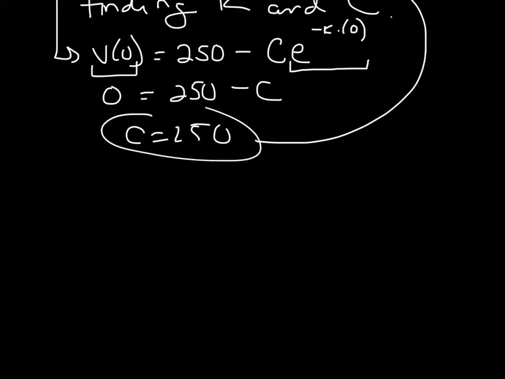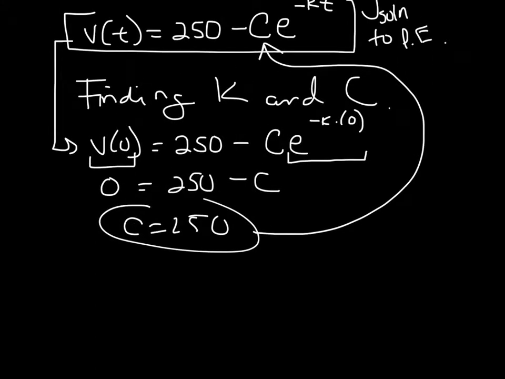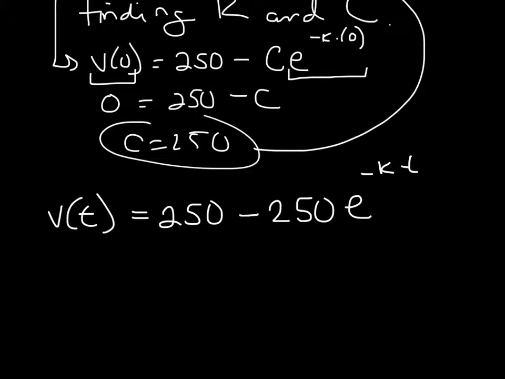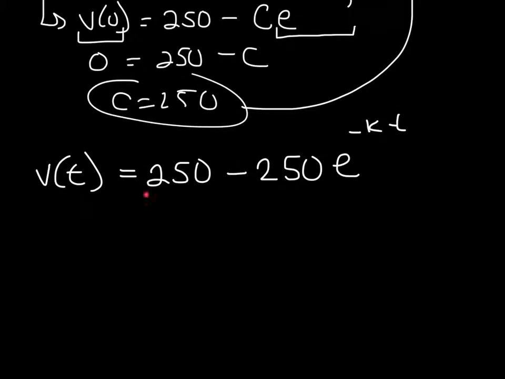Now we want to determine our k. Let me rewrite that function with our new c. So 250 minus 250 e to the negative kt. Now be careful here, make sure you don't write 0.